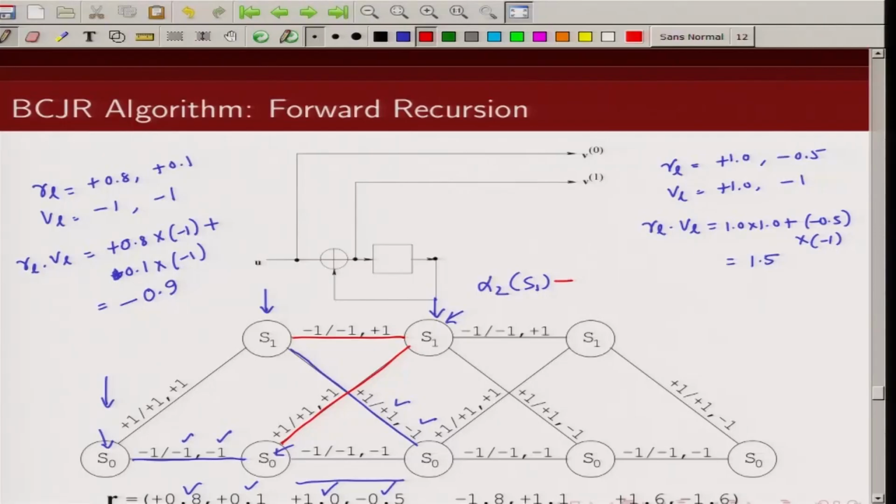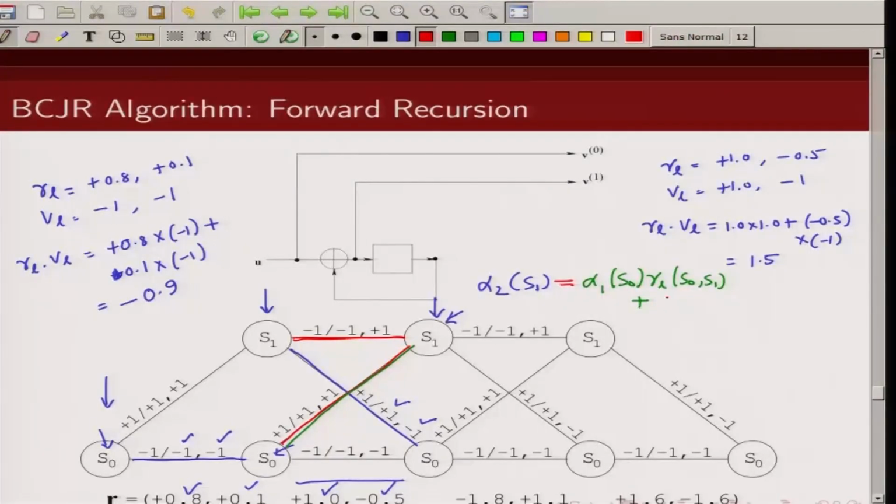So, there will be two terms in the alpha computation of this, one corresponding to this transition, which is given by alpha at time 1 S0 into gamma 1 S0 S1, plus there will be another term corresponding to this transition.